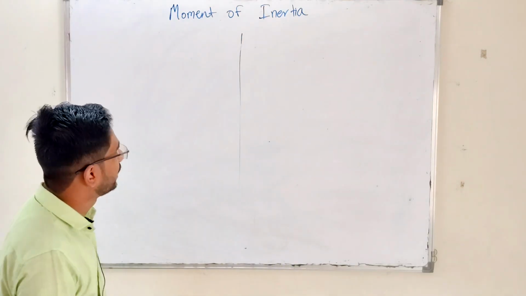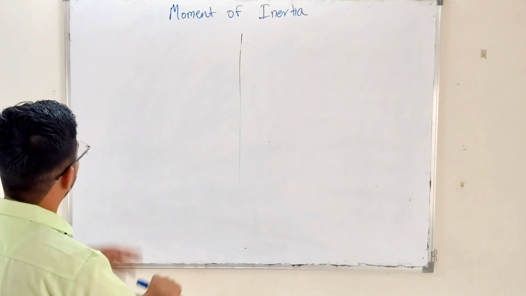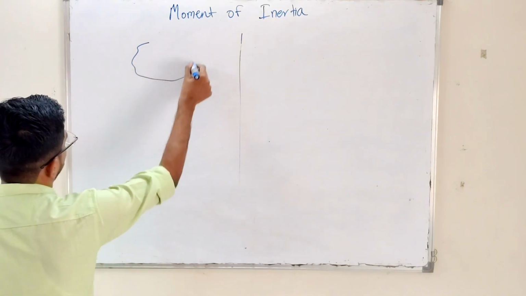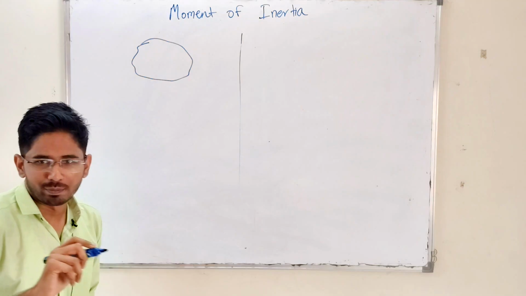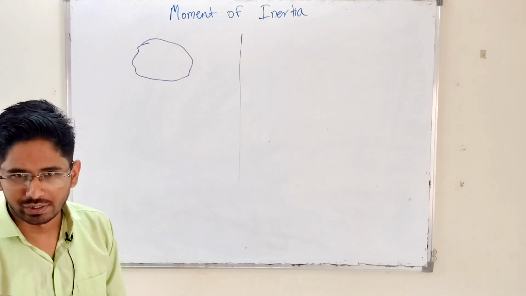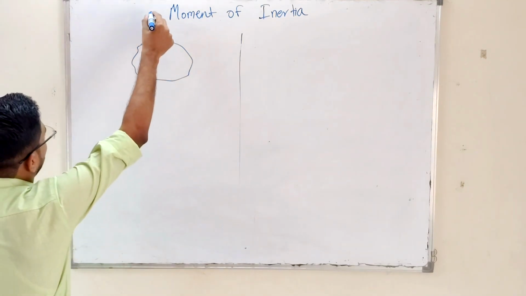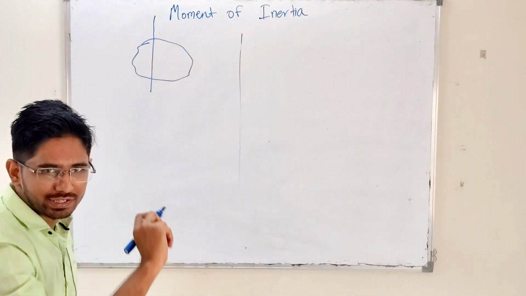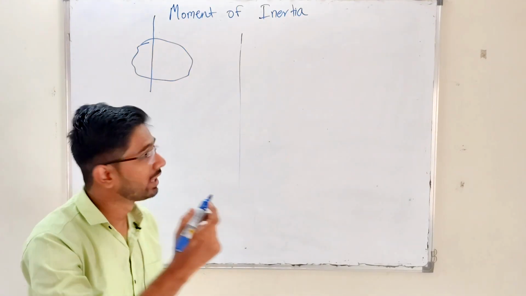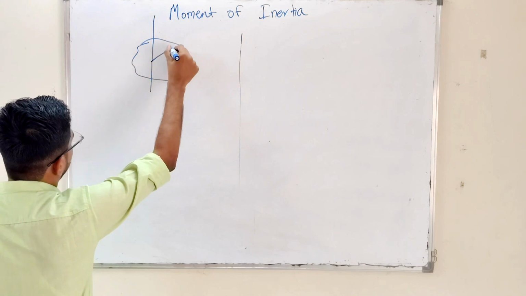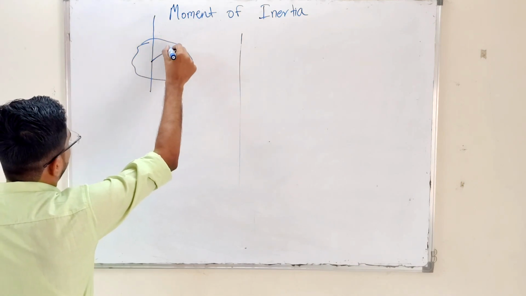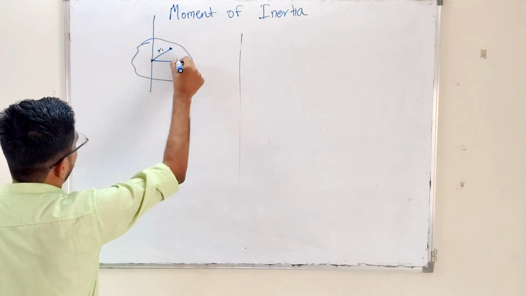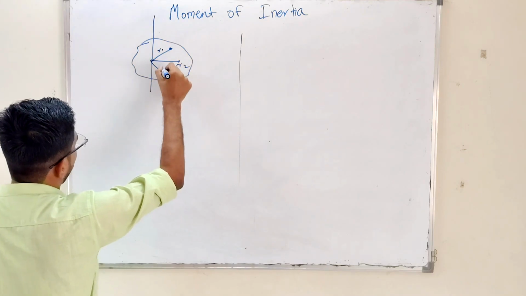So let's start with a rigid object made up of n number of particles which are situated throughout the object. This will be the axis of rotation for that object. Let's say there is a particle at distance r1, a particle at distance r2, and so on.